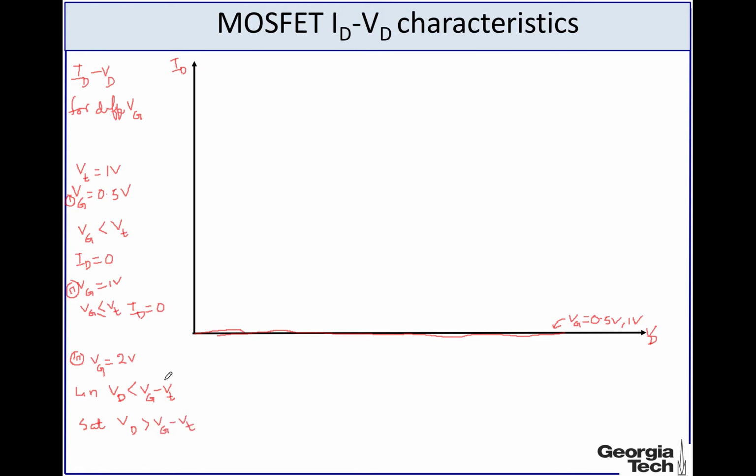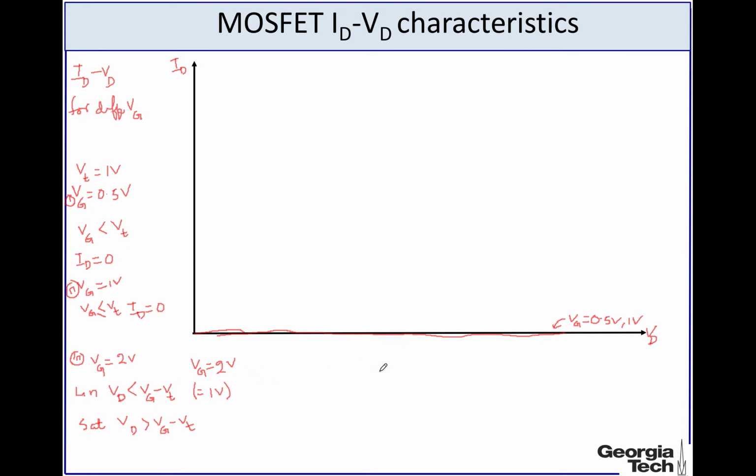So for VG equals 2 volts, it's in the linear region when VD is smaller than VG minus VT. We calculate what VG minus VT is. It's 1 volt. That means that as long as the drain voltage is smaller than 1 volt, it will be in the linear region.